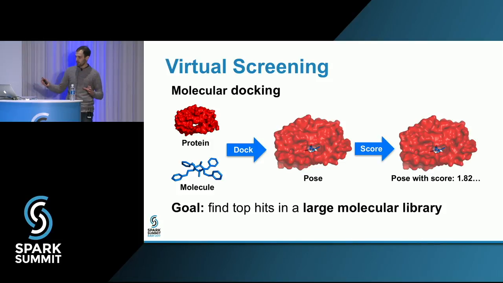So this is molecular docking, and virtual screening is just taking this protein and running molecular docking over a large molecular library in order to find top hits, like the top scoring molecules that are going to interact with this protein. So we can take these top hits and then work a bit to optimize them and make a drug candidate out of it.